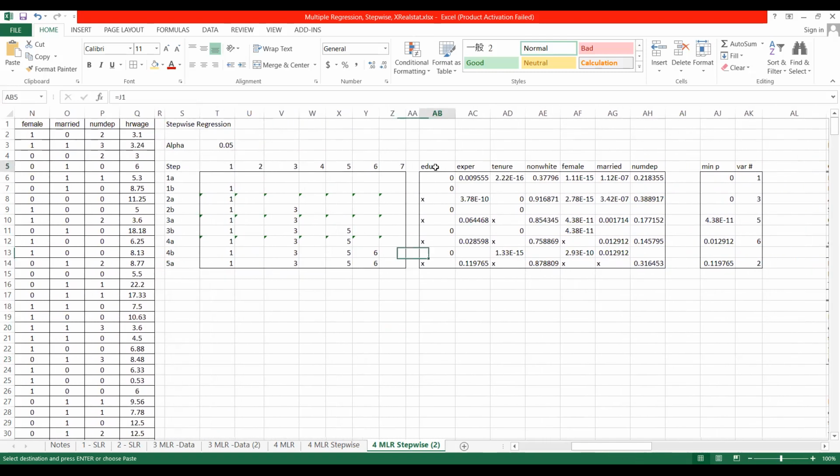Ito na yung education, di ba? Pinasok niya si 1, education. Tapos si tenure. Tapos si 5, which is si female kasama. And then si 6, which is married. Okay, so si 7, si 2, si 4 are not part of the model. So si experience hindi kasama. Si non-white hindi rin kasama. Tsaka si number of dependents hindi siya kasama.